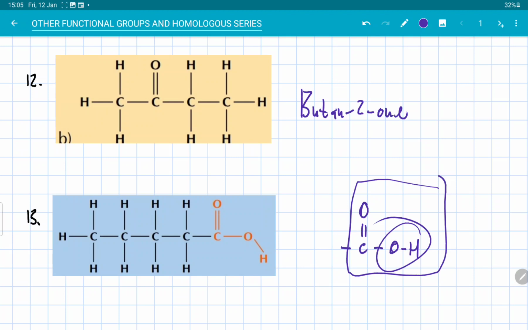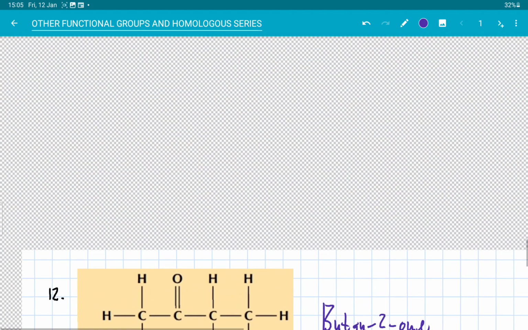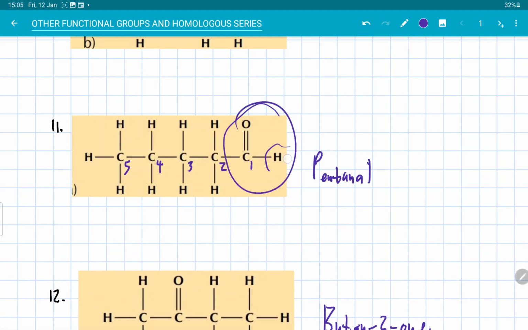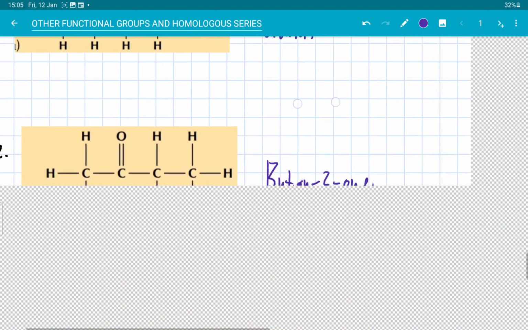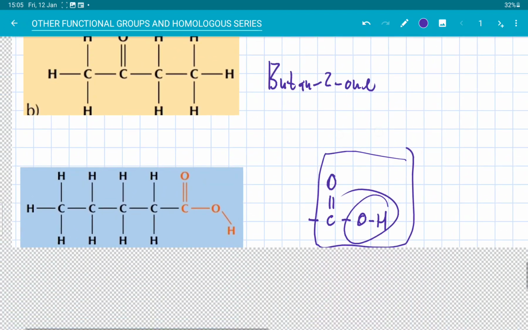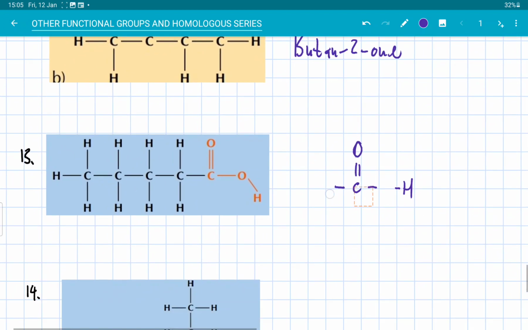That's the key difference between the carbonyl group, carboxyl group and formyl group, because the formyl group is attached to H. So we need to familiarize ourselves with the key differences between the homologous series. Anyhow, this makes this a carboxylic acid.